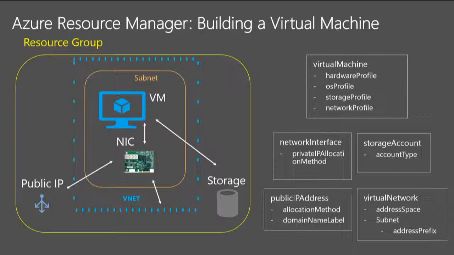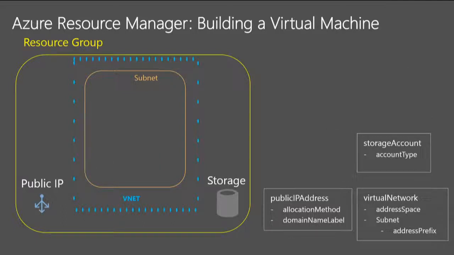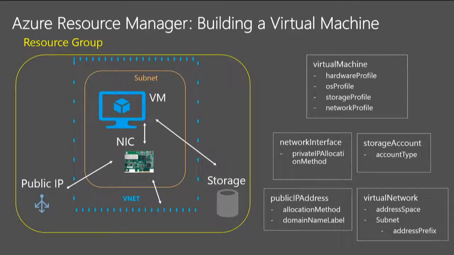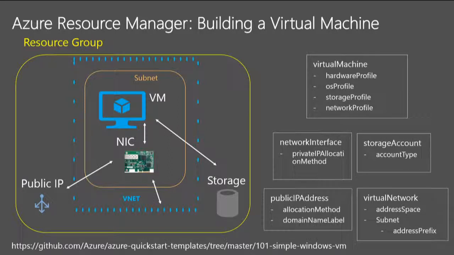So here I'm defining a virtual machine, and this virtual machine requires a network interface card. In fact, let's go back. The first dependent resource is a NIC. So that depends on an IP address if you want one, and it always depends on a VNet. Everything has to be inside a VNet. And then you can define a virtual machine which depends on that NIC, and it depends on storage. So that way you've built up a definition of a virtual machine which you can deploy.